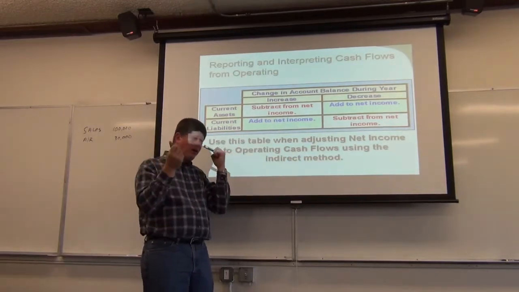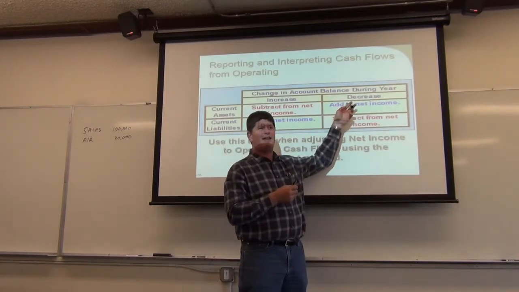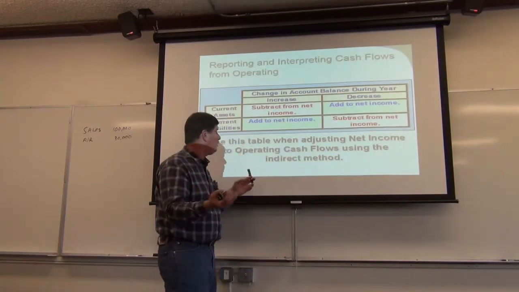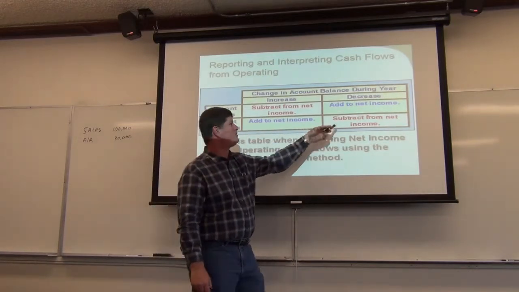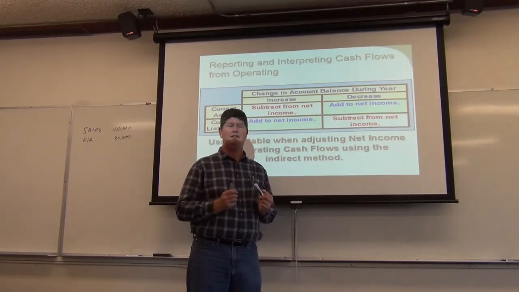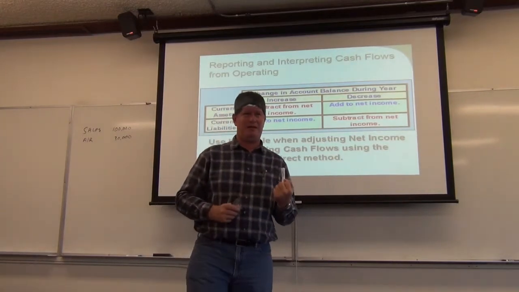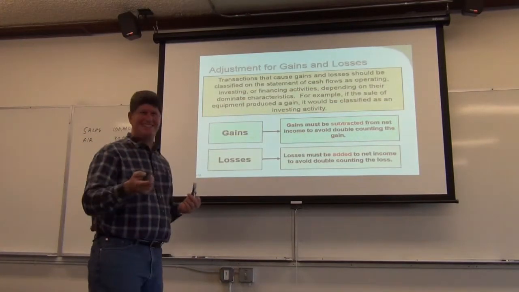You're thinking, huh? And I have to remember this. If my current assets decrease, I add it to net income. Huh? If my current liabilities increase, you add it. If they decrease, you subtract. Huh? What does this mean? This is painful even for me. Okay? So let's do it the easy way. What I think is the easy way.